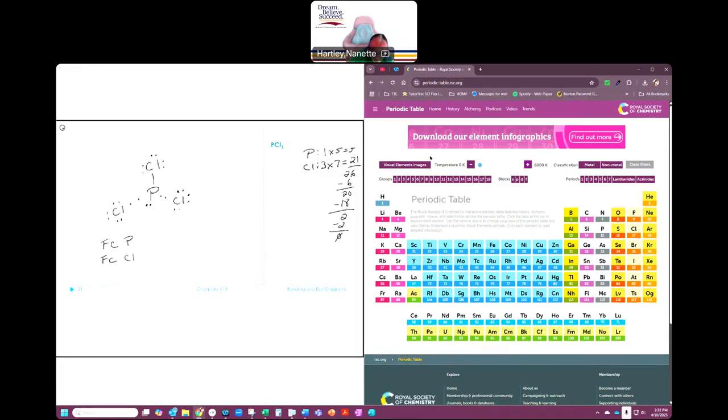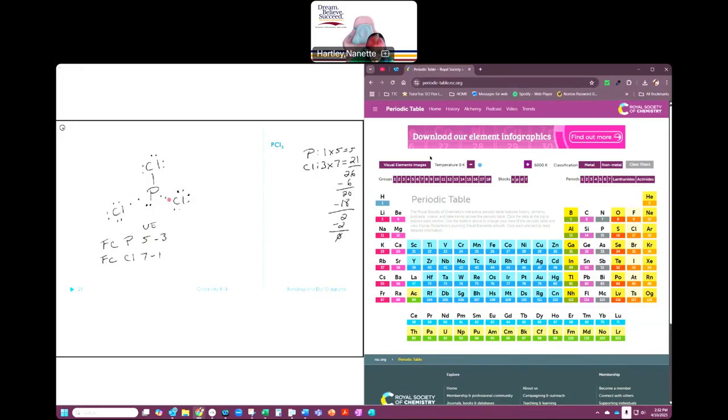So phosphorus, again, valence electrons, he wants 5. Cl wants 7. Non-bonding electrons, he gets 1, 2, 3 from the bonds. And our chlorine, each one gets 1 from those bonds.